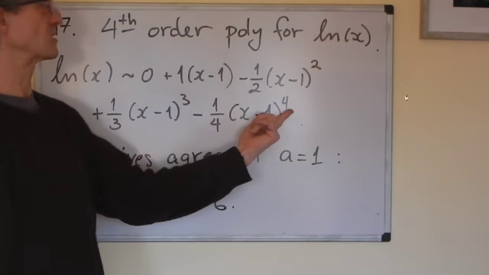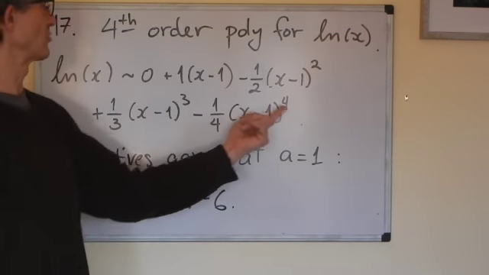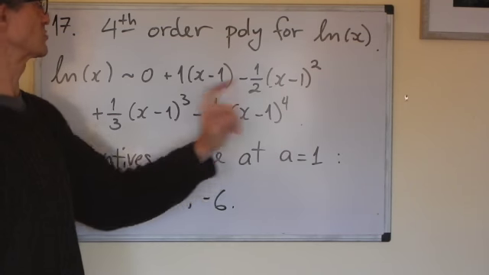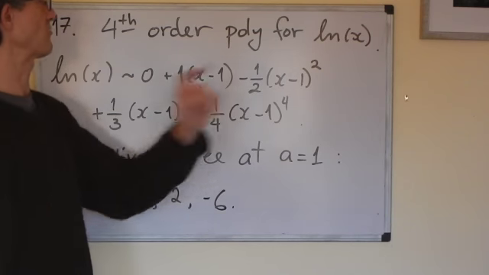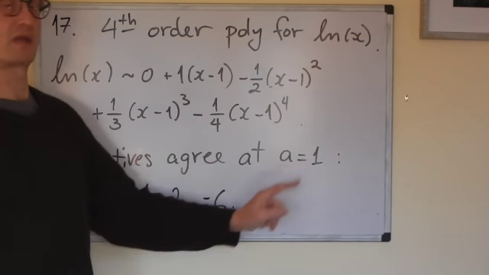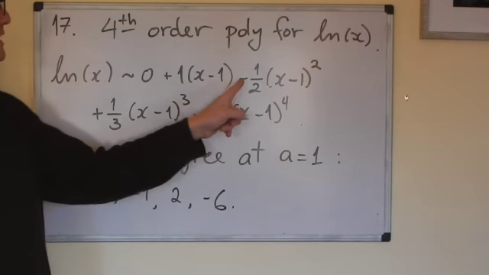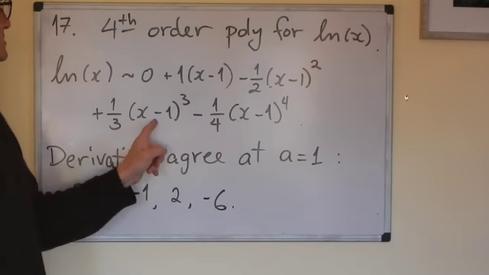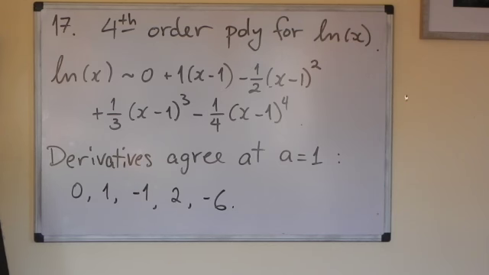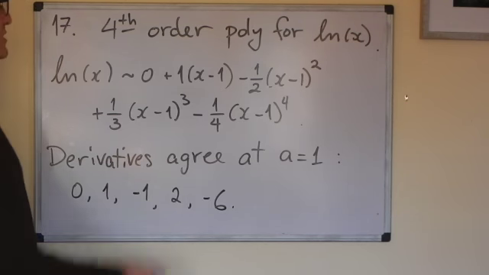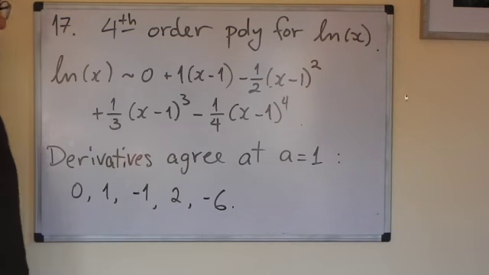When I differentiate this twice, I will get 12 times x minus 1 squared, and so that will be minus 3 times x minus 1 squared. Putting in a equal to 1, I'm going to get minus 1 here, 0, 0. So that's minus 1.